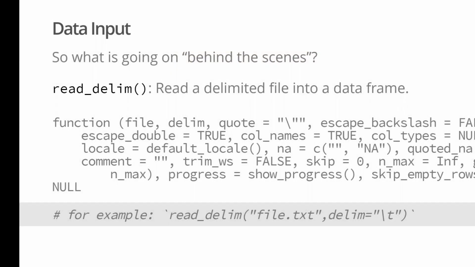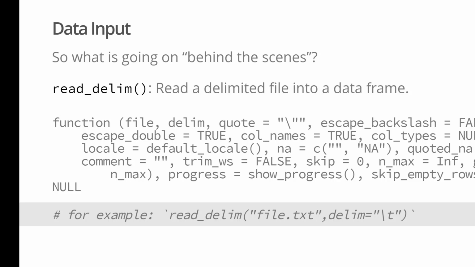Okay, so what's going on behind the scenes? The function itself is read_delim, which is the main reading function in the readr package. That requires a file name, either on your computer or a URL, and a delimiter, which again tells you how the fields are separated. And then there's a ton of other options you can throw in there that go beyond what appeared in that dropdown for importing data.